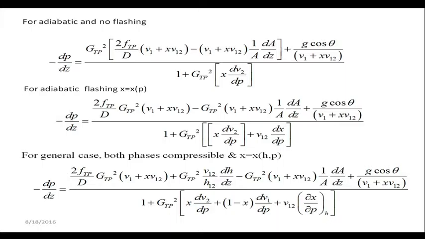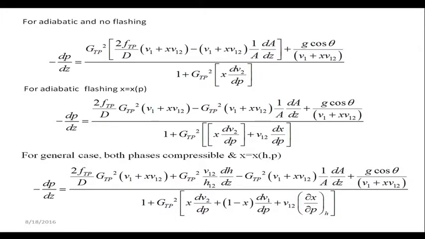So, therefore, we have considered all the cases: adiabatic no flashing, then adiabatic flashing where Q equal to 0, or the heat input is 0, but anyhow the change in quality occurs. This can occur in microchannels when it is flowing under a significant pressure gradient.